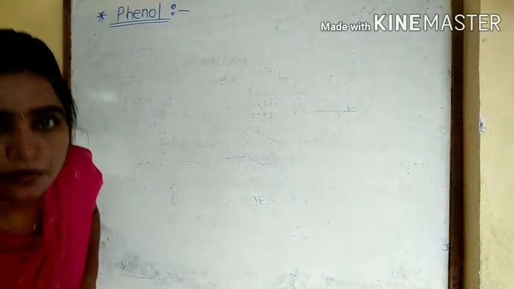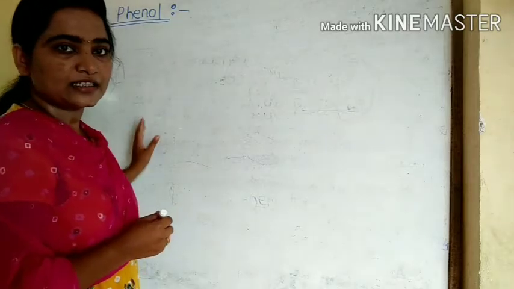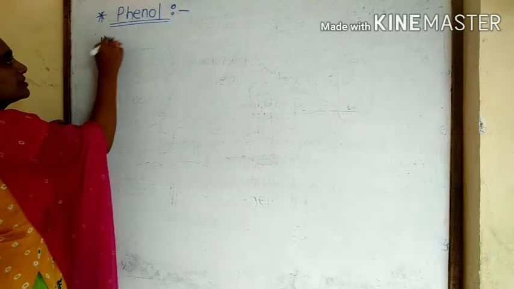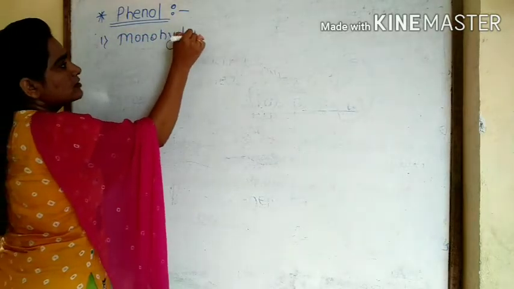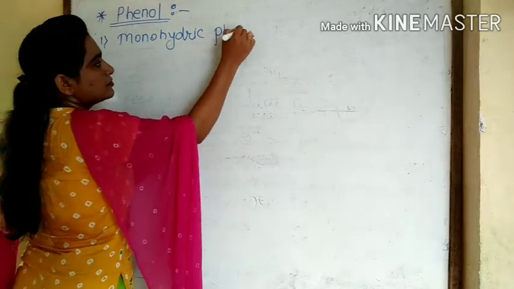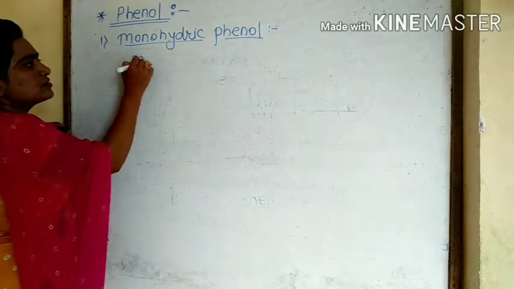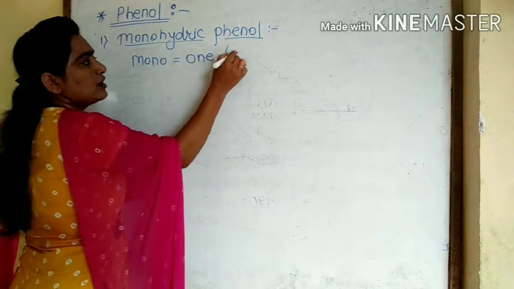On the basis of presence of hydroxy group, phenol is classified into those four main types. Out of that, first type is monohydric phenol. Now here mono means one, or single.